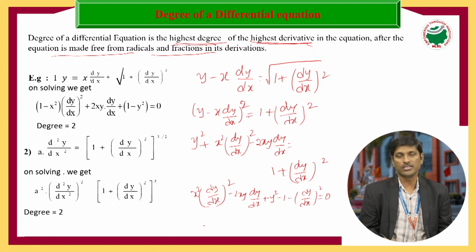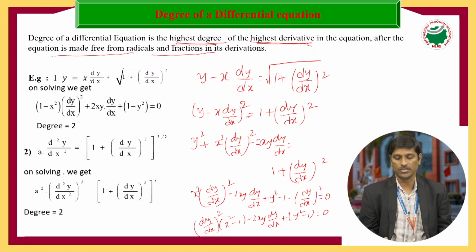If you see the first term and last term, the same term is available, right? So you take the common term from there. (dy by dx) whole square is the common one, then we have x square minus 1, minus 2xy into dy by dx, plus y square minus 1 is equal to 0.